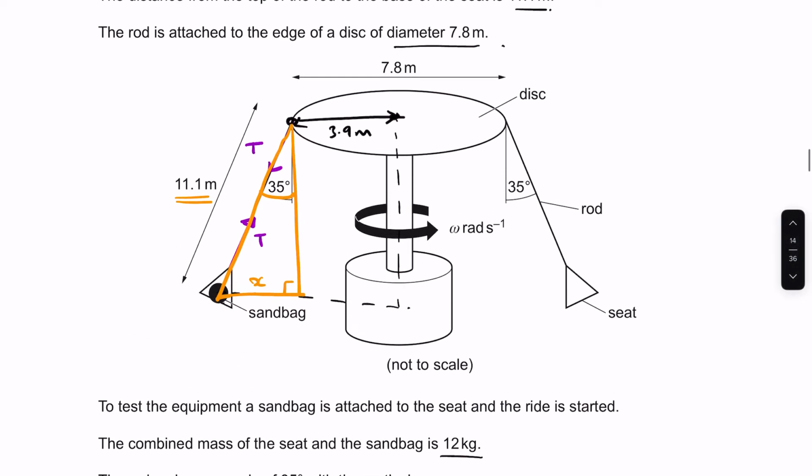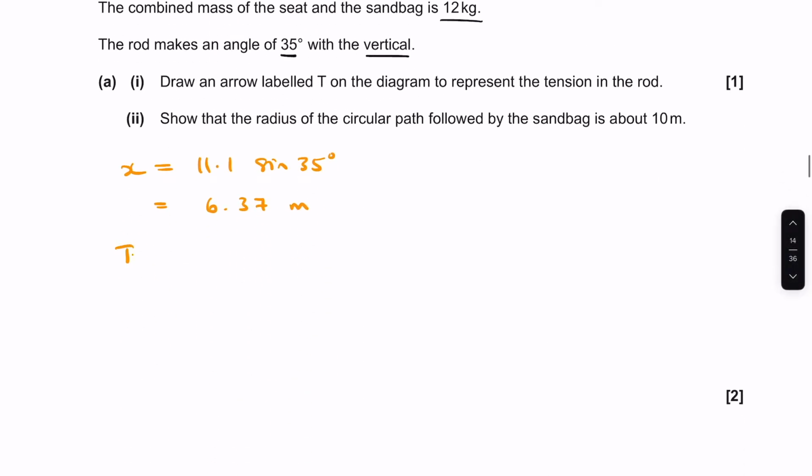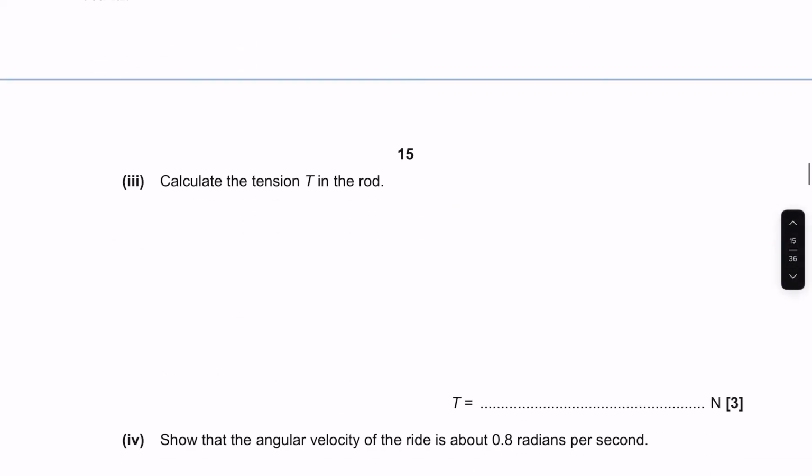And so now if I add that onto the distance of 3.9, the total radius is going to be equal to 10.3 meters, and so that is about 10 meters. So we're good to move on now.